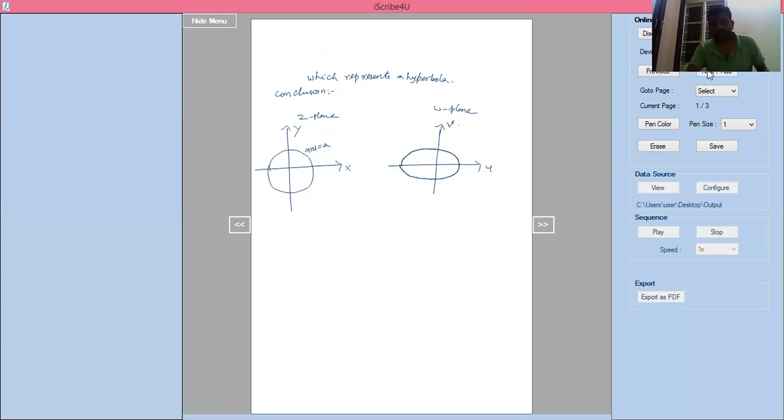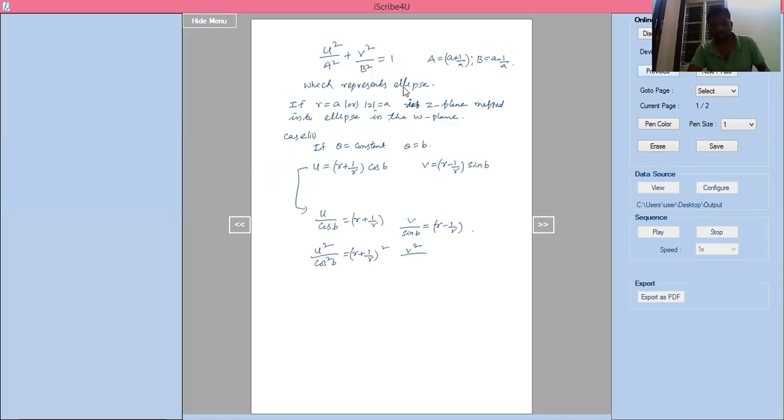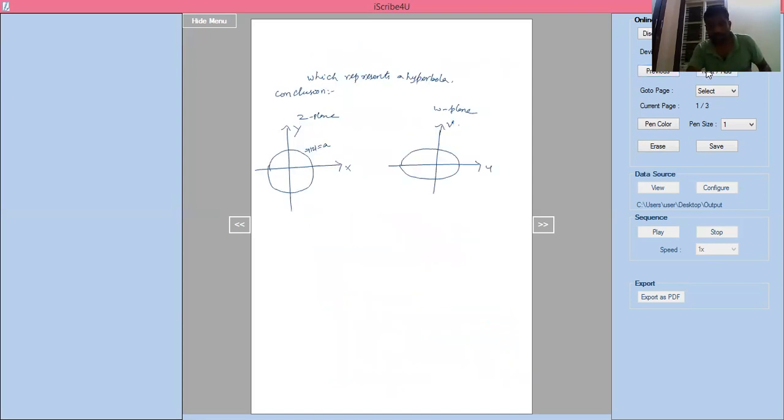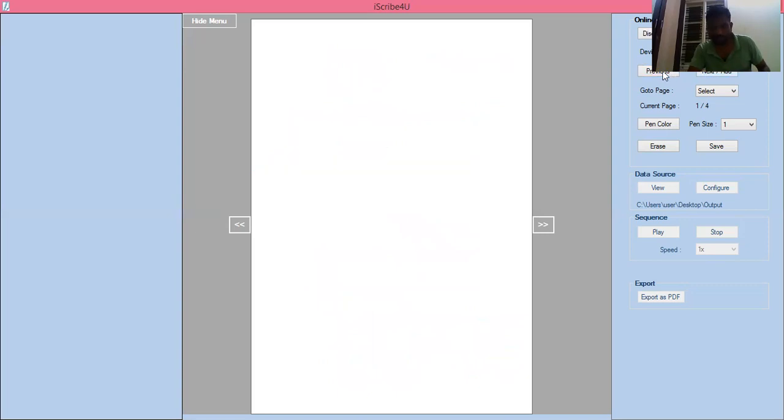Similarly, next I took theta equal to b. What does theta equal to b mean? It represents a straight line. Theta equal to constant. I'll show how it is a constant.